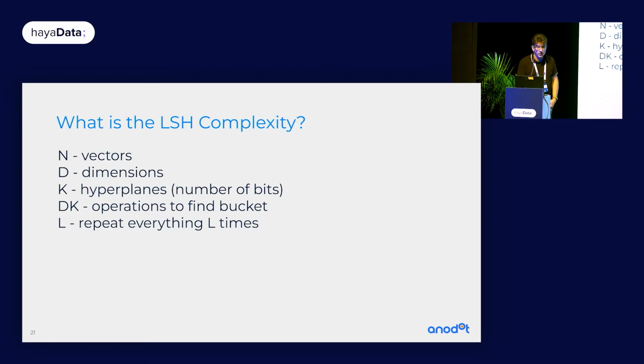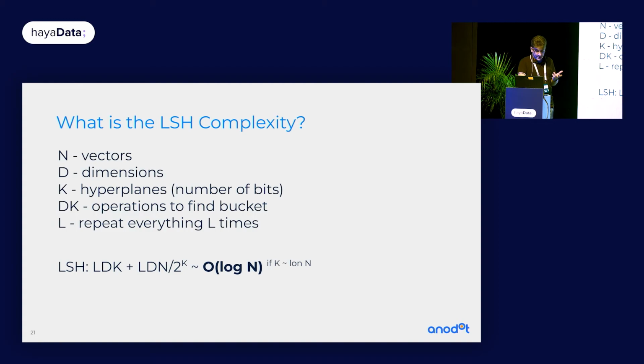Okay, let's talk about LSH complexity a little. Assuming n vectors, d dimensions, and k hyperplanes, dk will be the number of operations to assign the bucket to the vector, because it's dimensions by hyperplanes. And L is the number of models we are randomizing.